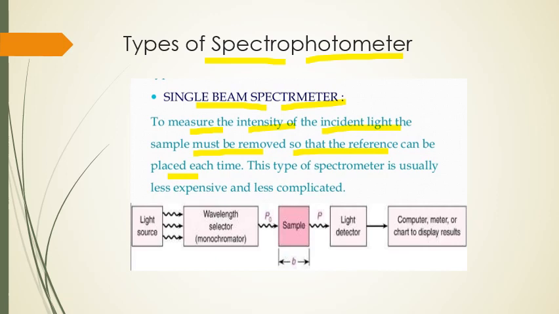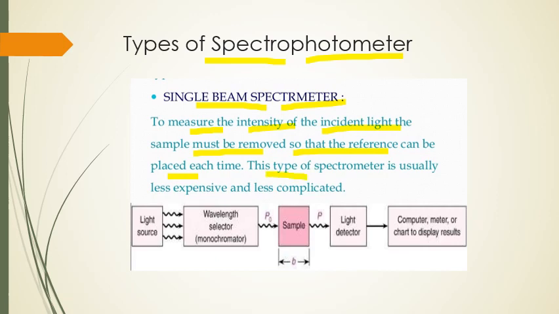Once you place the sample and the analysis is recorded in the computer, now you have to remove the sample and put the reference in place of the sample and study the difference so that accurate results come up. Each time in this experiment, you have either the sample or the reference cell to be analyzed by this instrument.